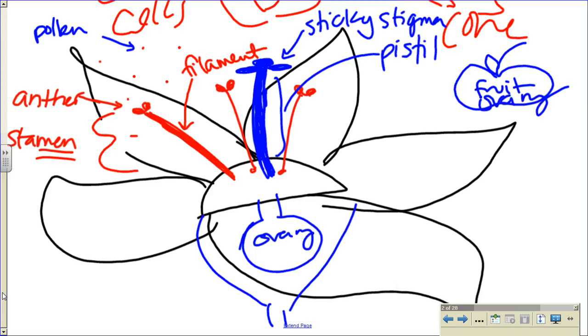The entire female part of the flower, did you guys say? Right, the pistil is the entire female part, so that was letter T. When a seed begins to grow, what does it mean when a seed is growing? It means K. K is germination, yes, okay.